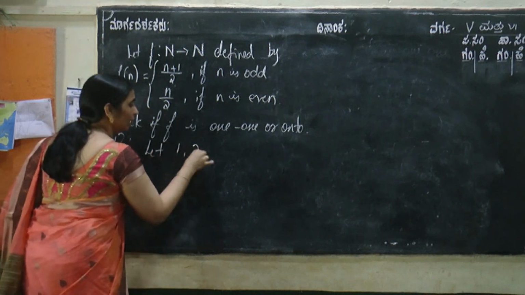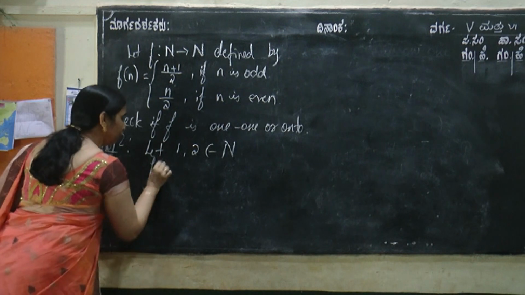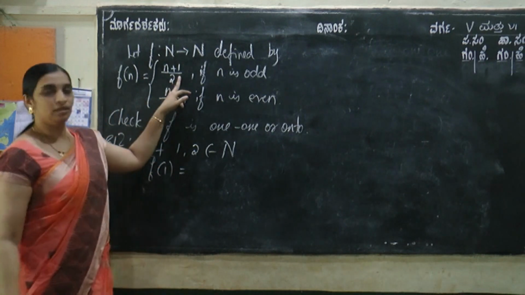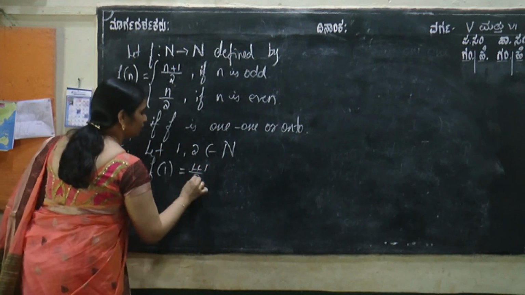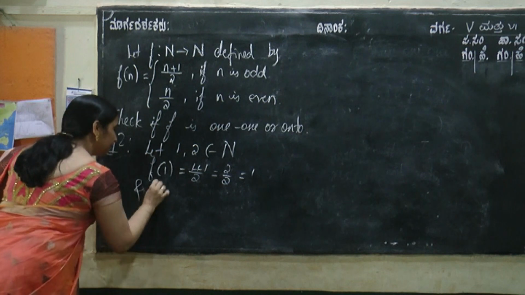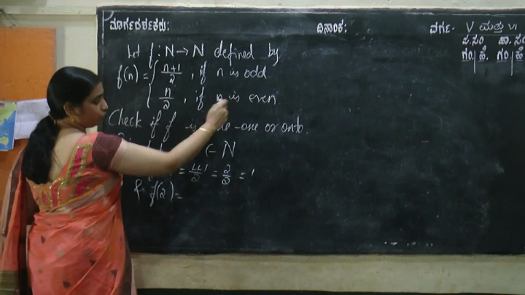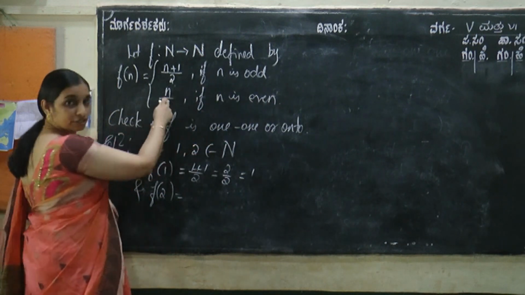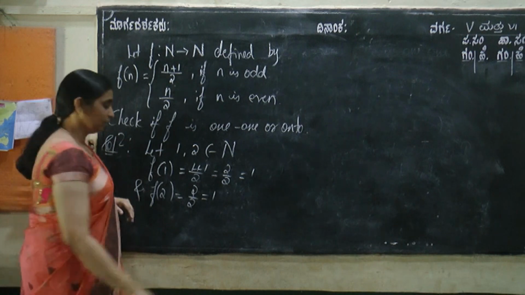Let 1 and 2 belong to the set of natural numbers. f of 1 is equal to, 1 is odd number, so we will have to use this definition: 1 plus 1 divided by 2, that is 2 by 2 equal to 1. And f of 2, 2 is even number, so the definition is n by 2, that is 2 by 2 equal to 1.